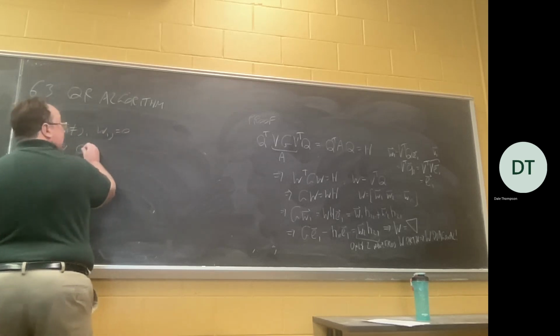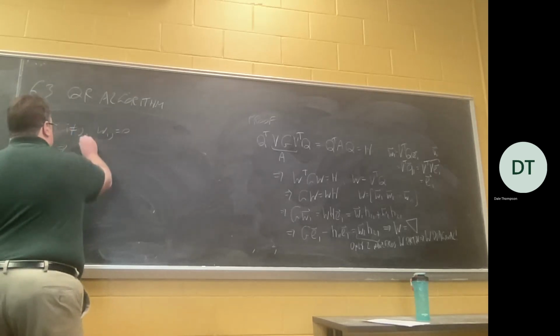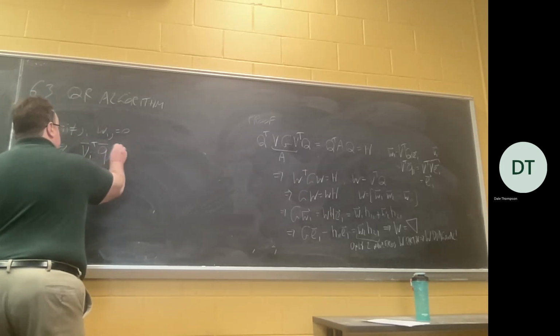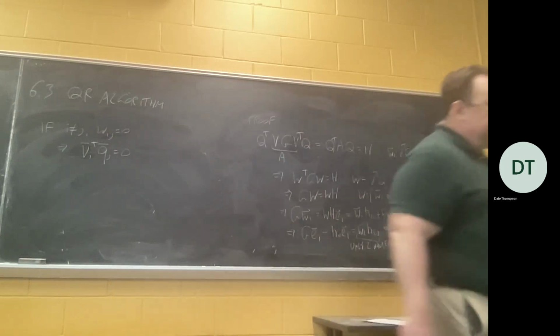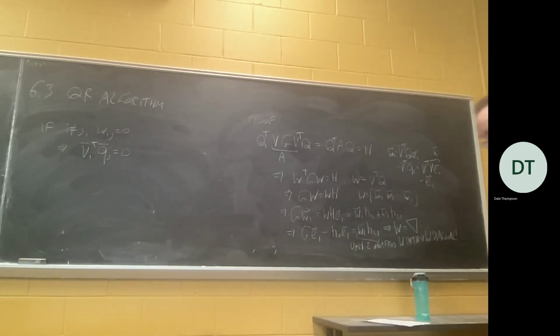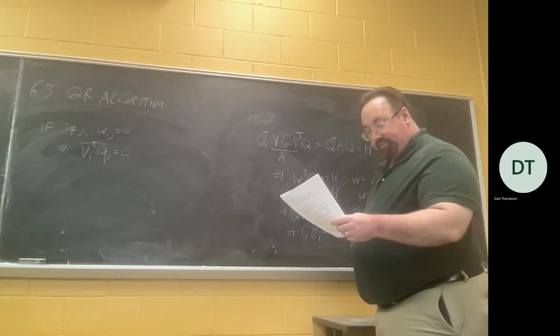But that means that W is V transpose Q. So Vi transpose Qj is 0. Oops, almost out of time. We're almost done.